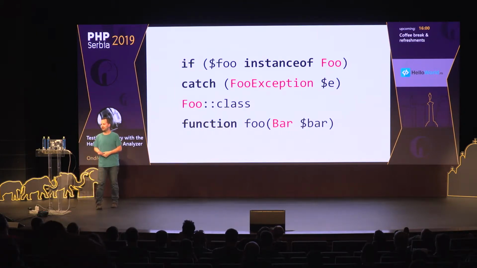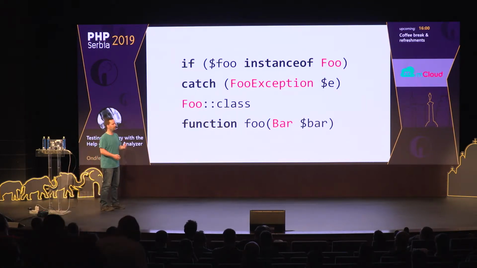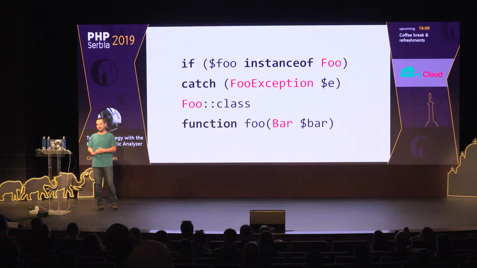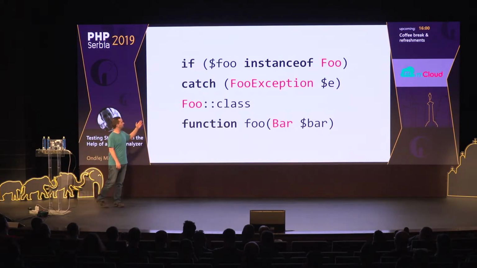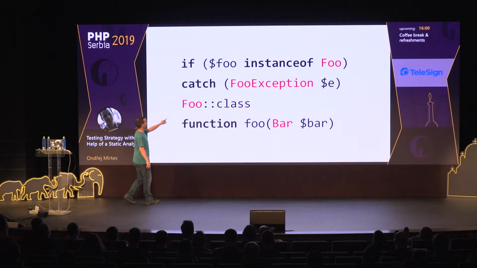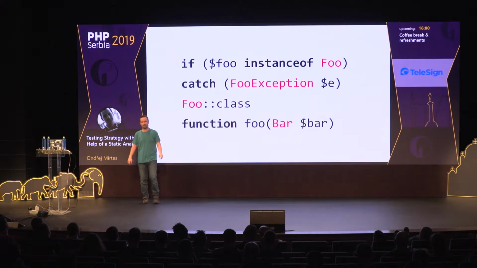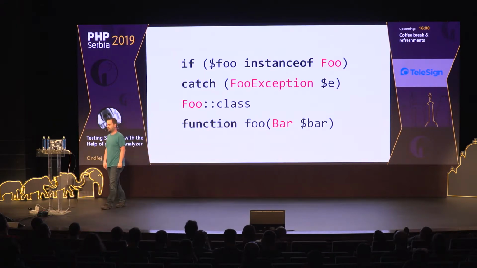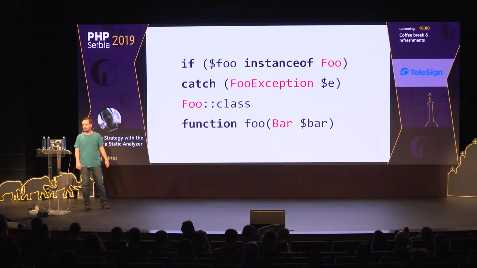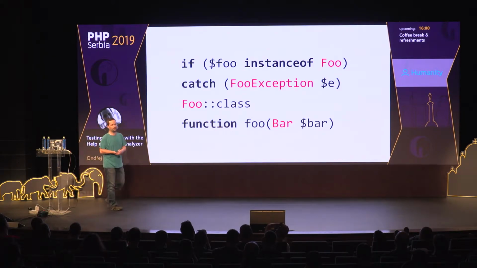It doesn't error. If you are catching some undefined exception, or some type that isn't even an exception, PHP again stays silent. PHP will happily create a string with a class name, even if the part before the double colon doesn't exist. So it's really easy for errors to hide in your application without being noticed.